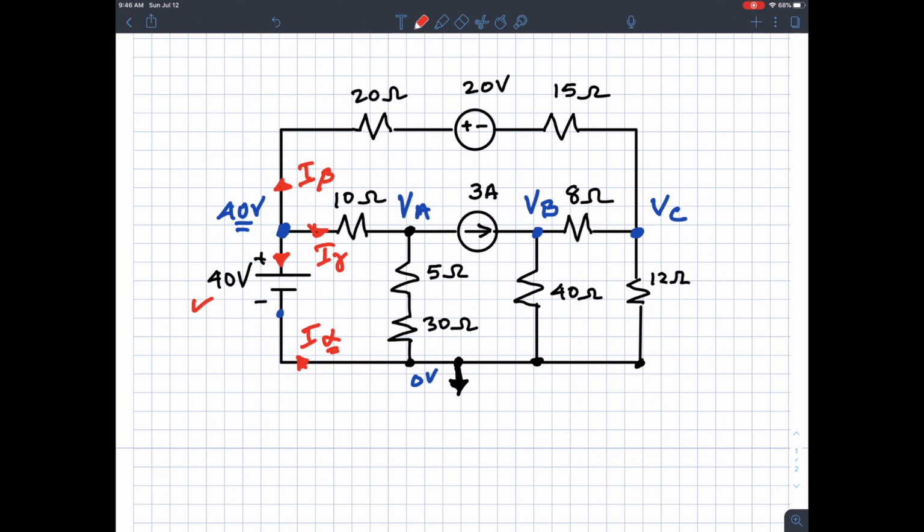I don't expect you to handle all the cases for node voltage, but if this one comes along, I'm hoping you would recognize there's no resistor in that branch, so I can't write a node equation there. So let me undo all that marking and we'll move on to a different node.